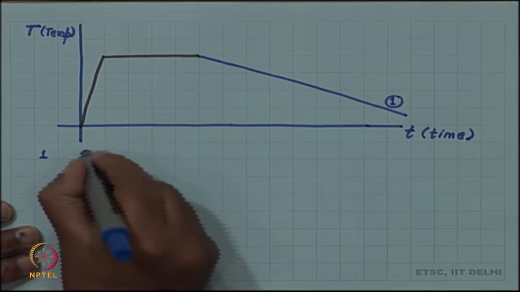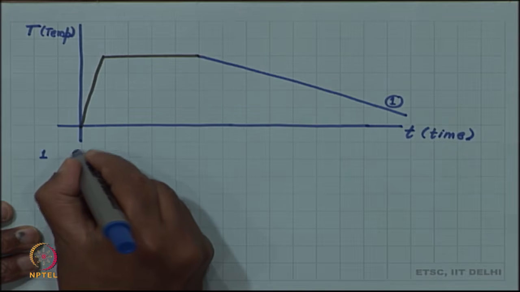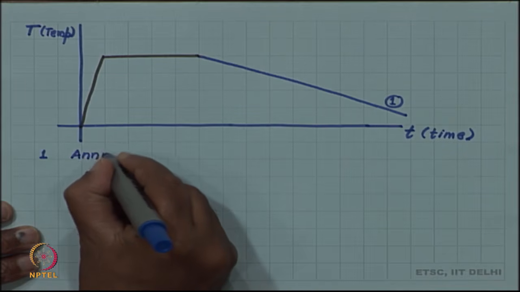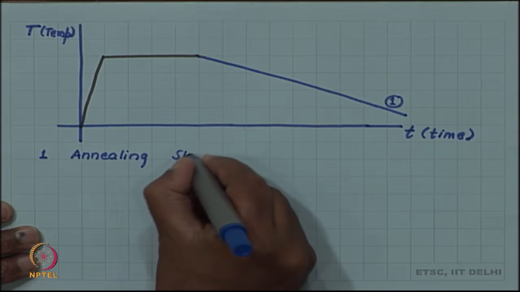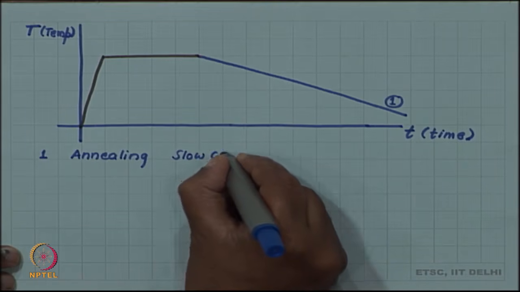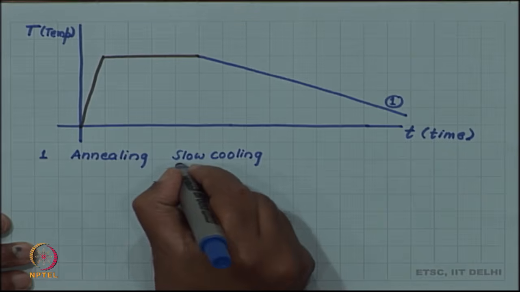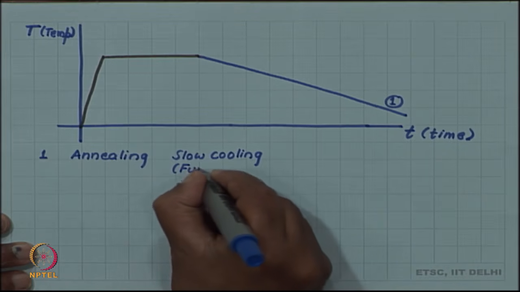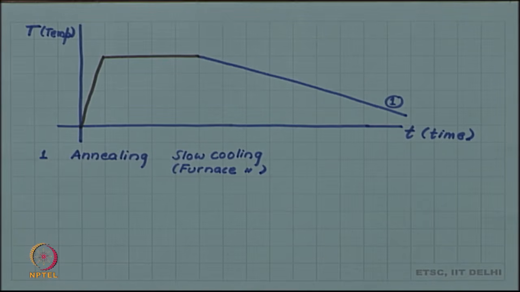It is a slow cooling and that is what is called annealing. This slow cooling, in fact, is so slow that it is called furnace cooling, which means you simply switch off the furnace and do not take out your sample from the furnace.